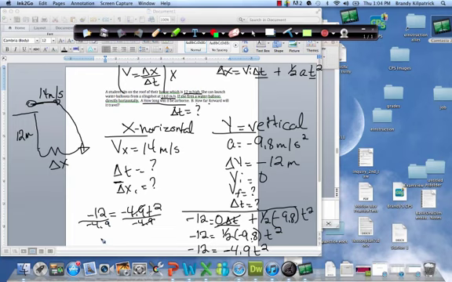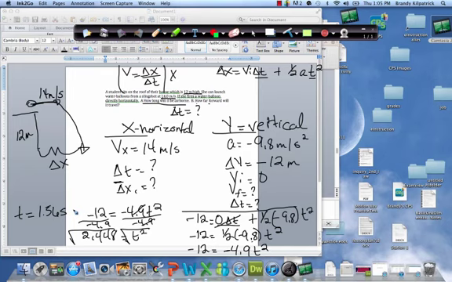So that's going to give me 2.448 here is equal to t squared. So do not forget to do the last step and take the square root. So the square root of this will give me 1.56 seconds.